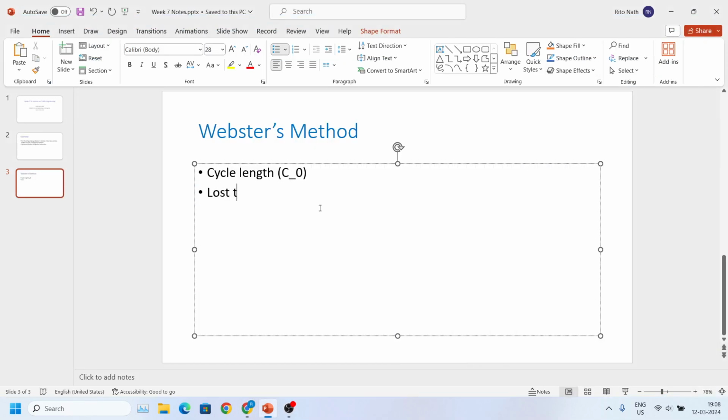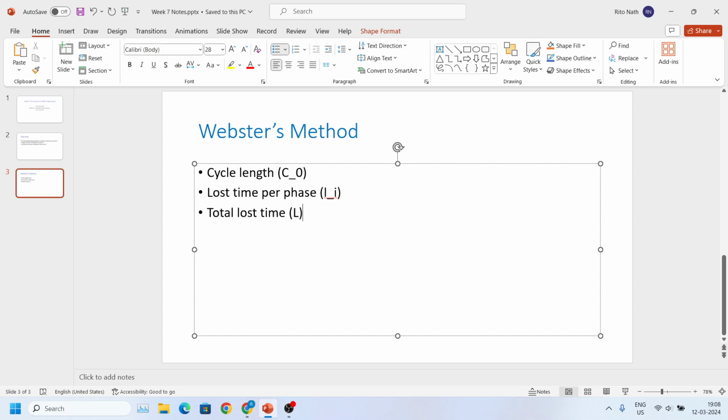Next is the loss time per cycle or per phase, which you can think of as Li. Next is total loss time, denoted as L.